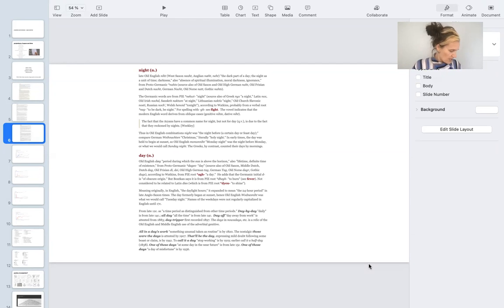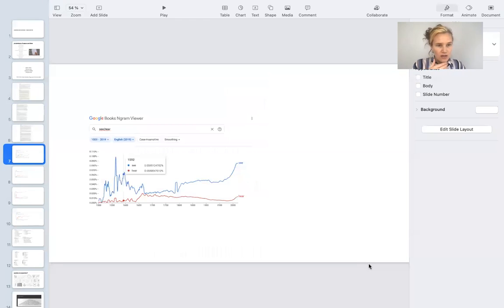Another way then is using the Ngram viewer. So some of you might know this already. If you go to Google Books Ngram viewer, you can type in a word, a concept, a name, and you can put which of the range of dates you want to look at.